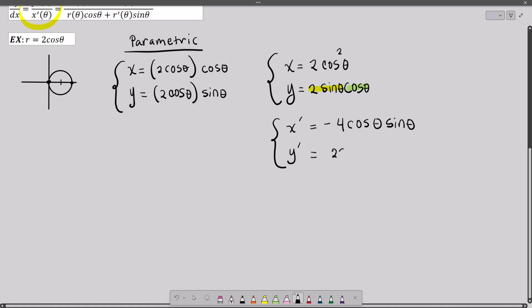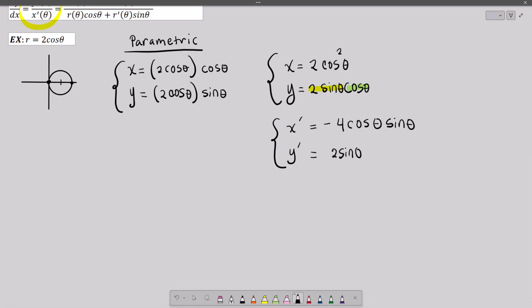So we have first function, derivative of the second function is negative sine of theta. So we're going to have that: sine of theta times negative sine of theta. So first times the derivative of the second, plus the derivative of the first, which is 2 cosine theta, multiplied by the second. That gives us another cosine of that.